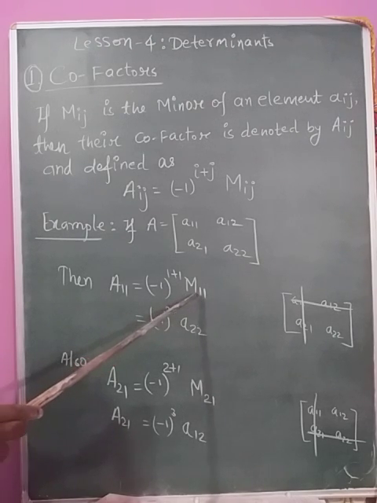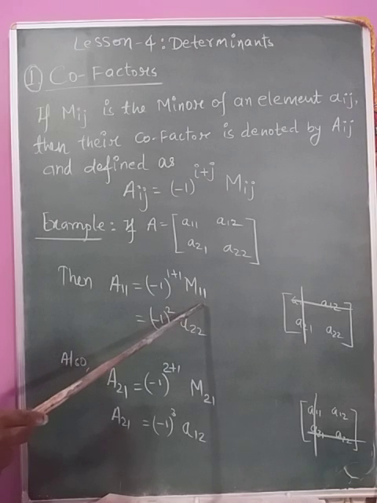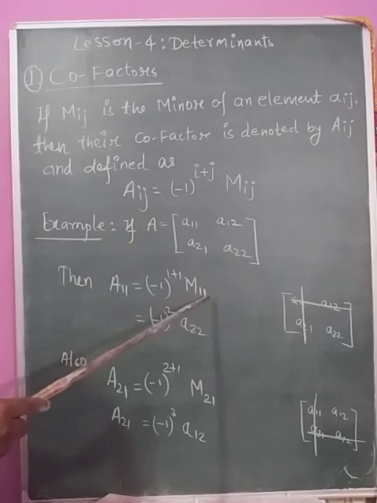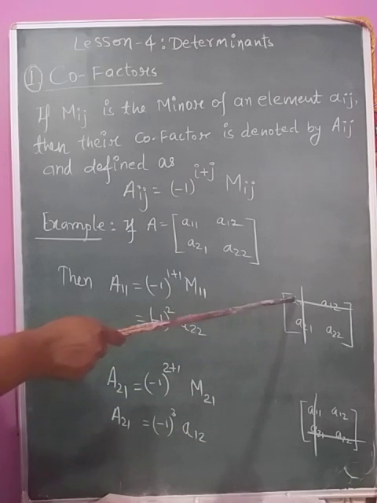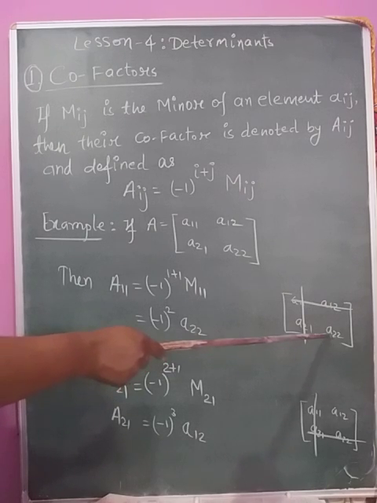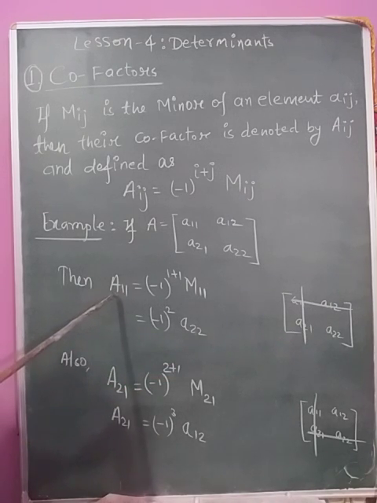Capital M11 means minor of A11, और माइनर के लिए उस एलिमेंट के रो और कॉलम को डिलीट करना होगा। जैसे M11 मीन्स फर्स्ट रो और फर्स्ट कॉलम को डिलीट करना होगा। सो फर्स्ट रो एंड फर्स्ट कॉलम को डिलीट करते हैं। सो मुझे मिलेगा A22. So capital A11 is equal to minus 1 to power 2 A22.